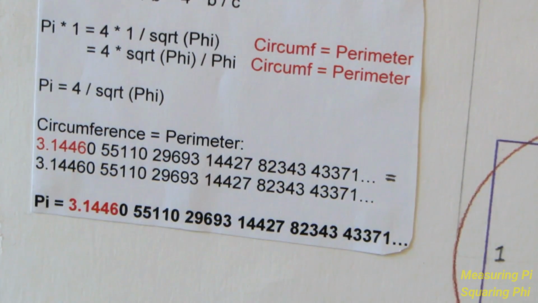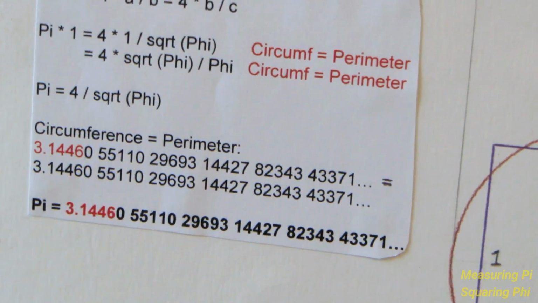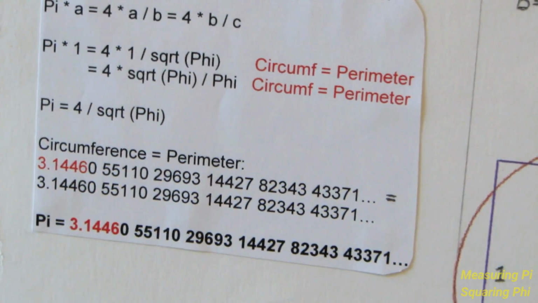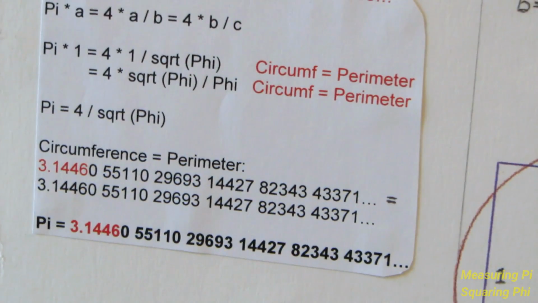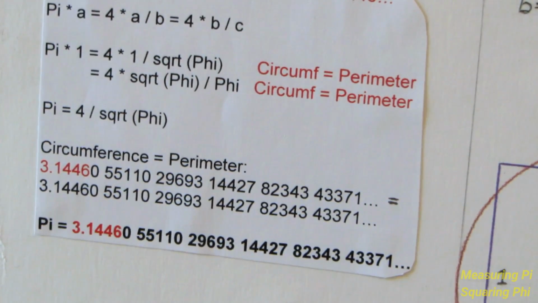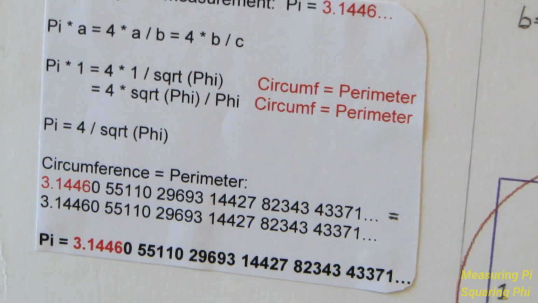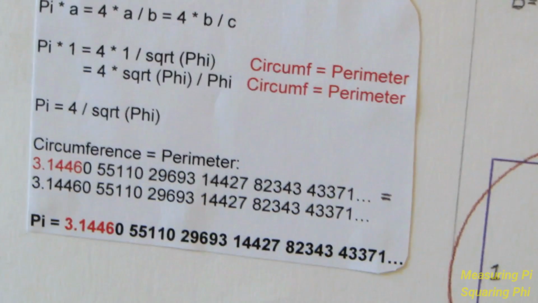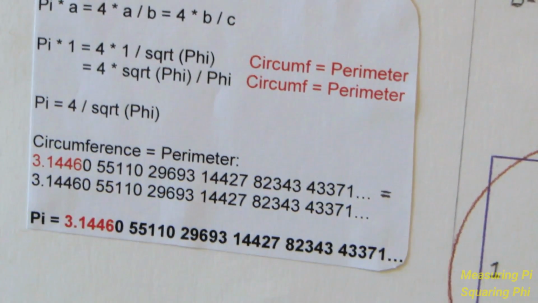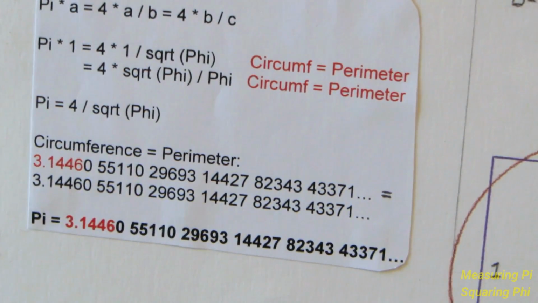So we have shown in all 3 cases, squaring each side of the Kepler triangle, the golden ratio right triangle, that pi always equals 4 divided by the square root of phi. And you can see the number for pi there. This is of course much larger than what we could measure.